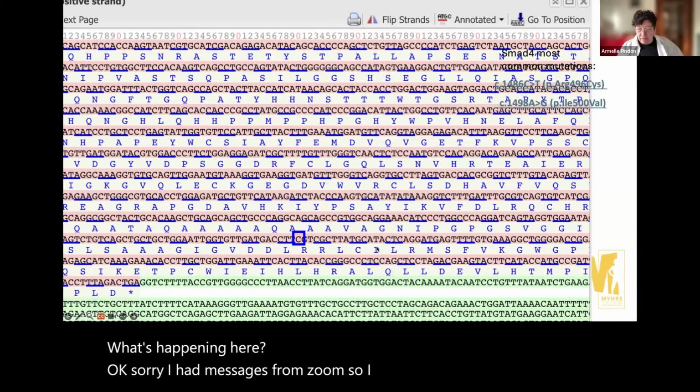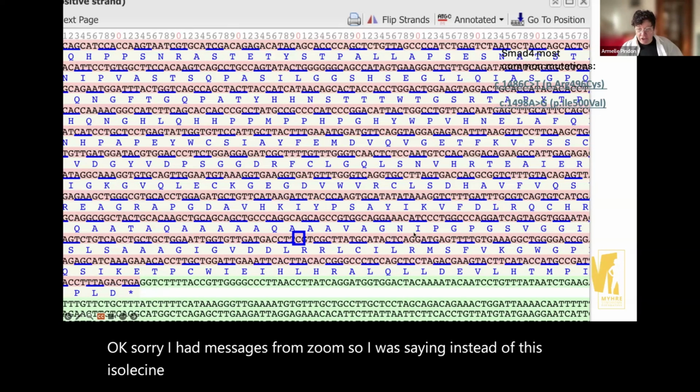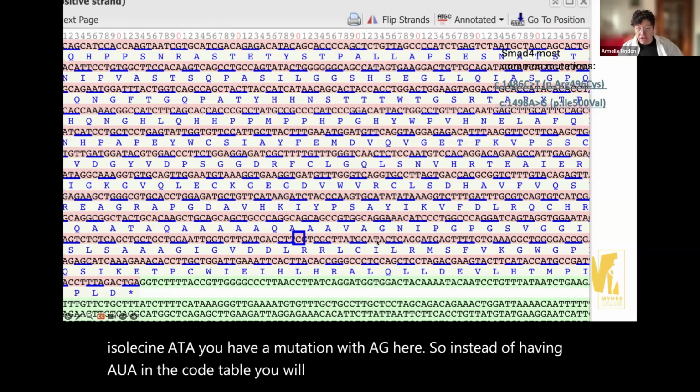So I was saying, instead of this isoleucine ATA, you have a mutation with a G here. So instead of having AUA in the code table, you will have a GUA.